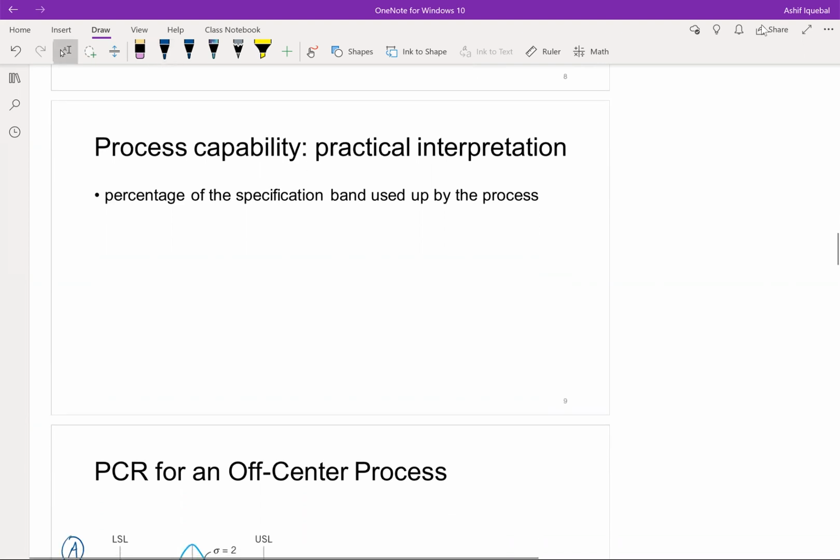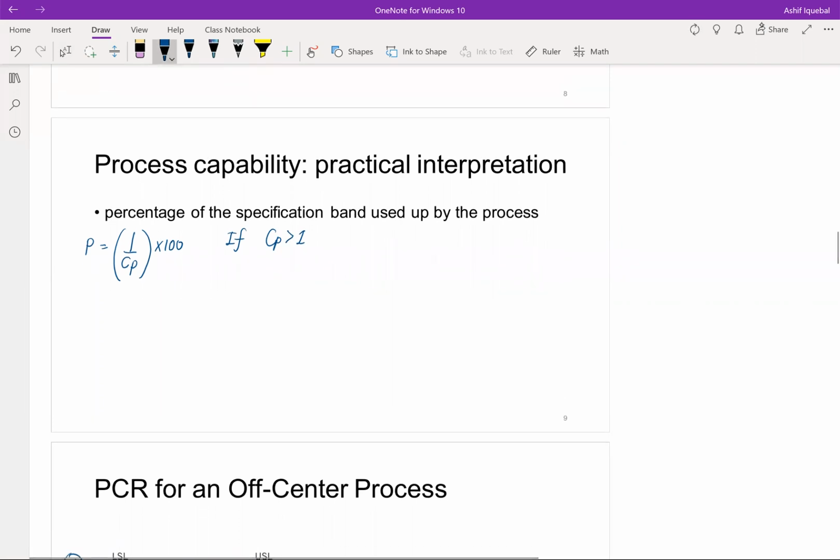I'm going to define a term called P, which is written as 1 by Cp multiplied by 100. Now let's consider a scenario when Cp is greater than 1. What we know about Cp is that, let's draw it here. This is the lower control limit, this is the upper control limit, this is the center line.